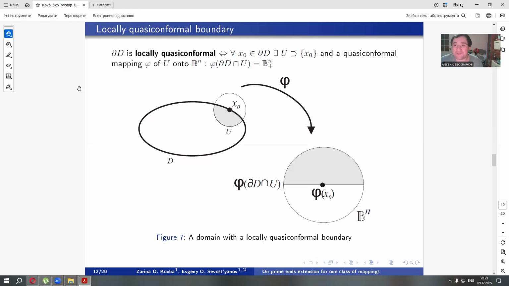This is also some draft mistake. Here it must be D with intersection of U, not the boundary of D. Once more, phi maps D with intersection of U onto the upper half ball in Rn, centered at the point phi of x0.